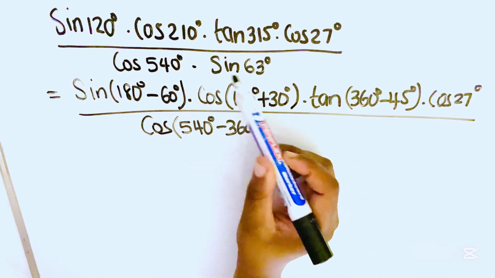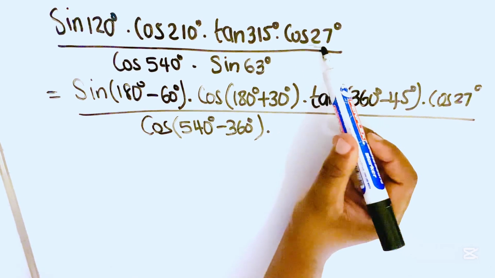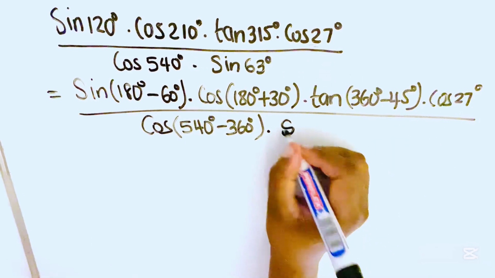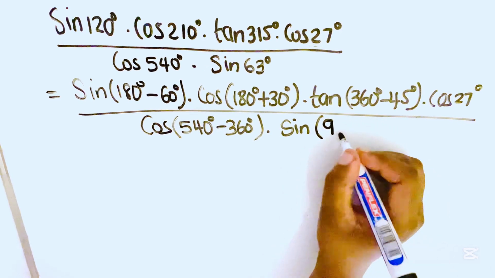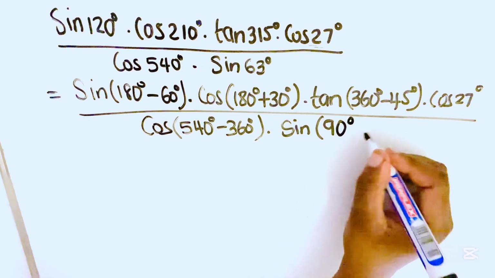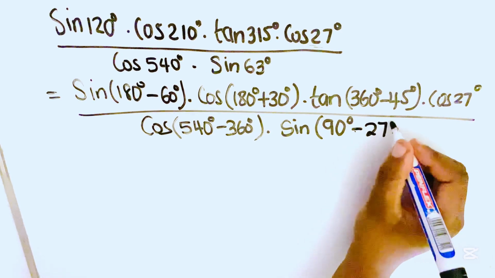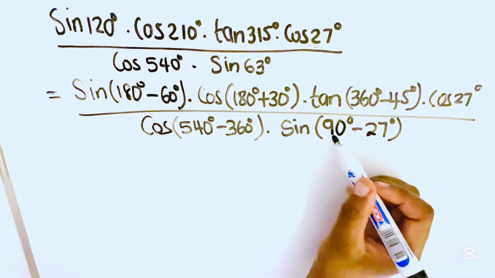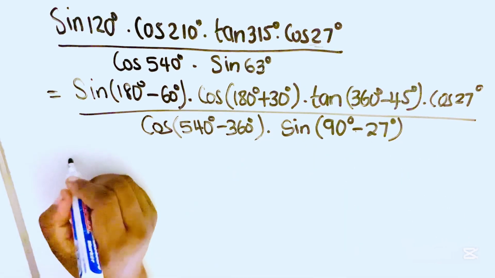We'll change this 63 so that it can be the same as cos 27. So it calls for the co-ratios. So that would be 90 minus 27. Indeed, when you say 90 minus 27, you will get 63.